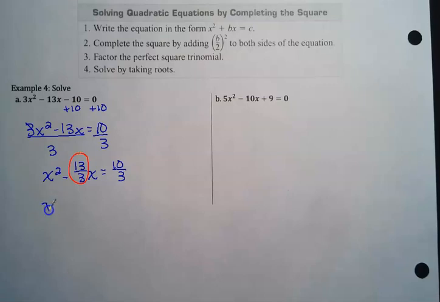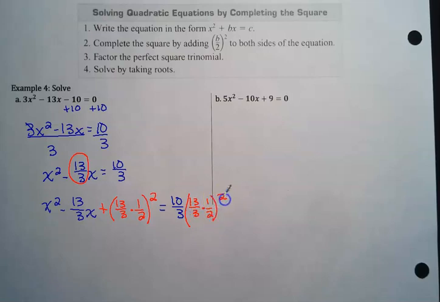So I'm going to have x squared minus 13 thirds x plus, and I'm going to do them multiplied by 1/2 this time. 13 thirds times 1/2 instead of dividing by 2 squared. Equals 10 thirds, and I'm going to do the same thing, plus 13 thirds times 1/2 squared. Yikes. Okay.